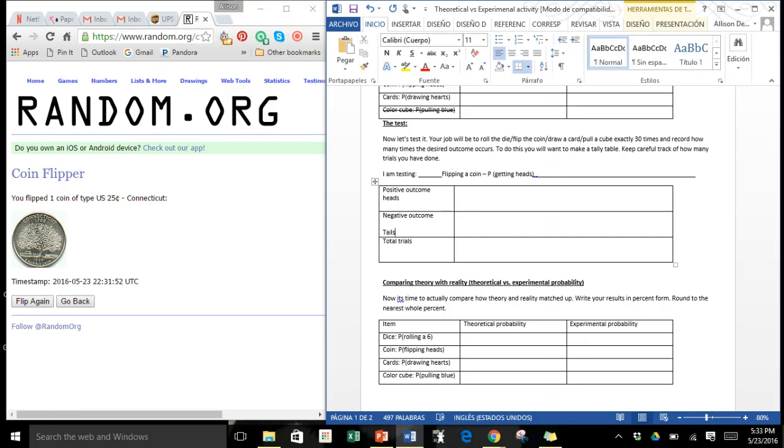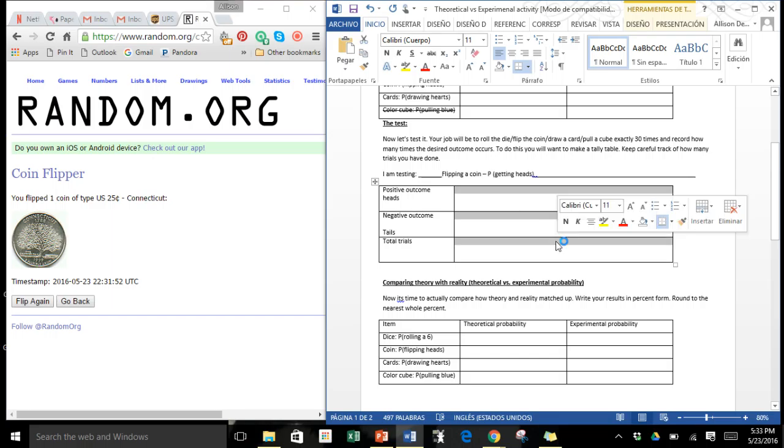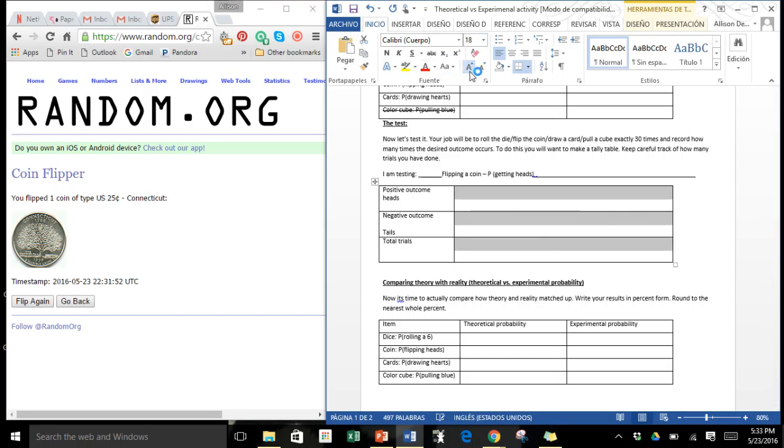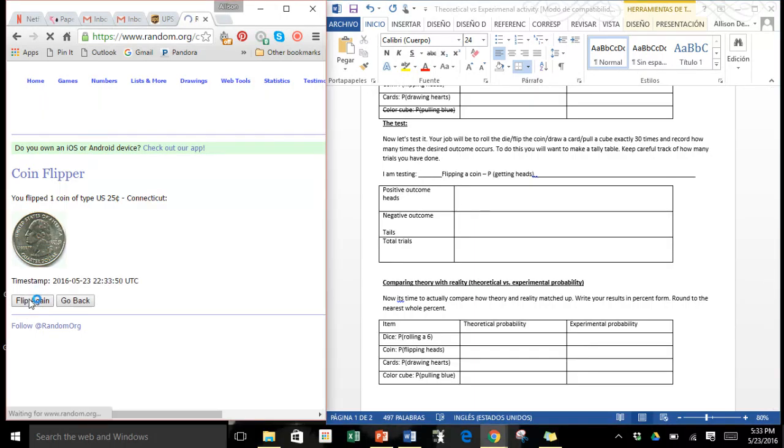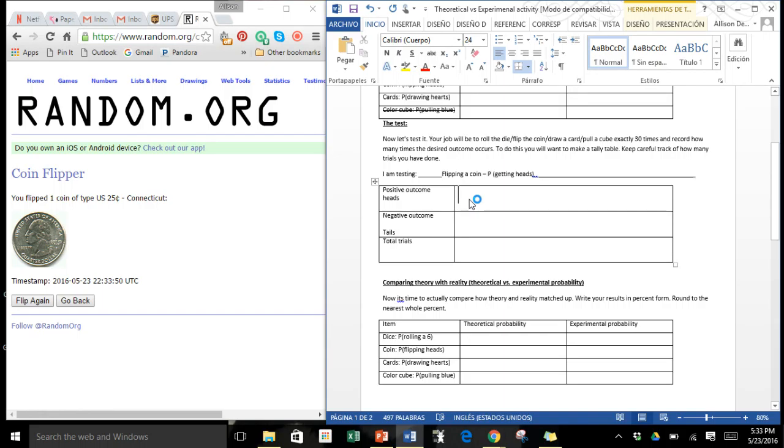Okay, so as I'm flipping the coin, I will keep track, making tally marks over on this side. All right, so let's flip the coin. We got a heads. That's a positive outcome. Flip again. Heads. Another positive outcome. Flip again. Heads. Another positive outcome.